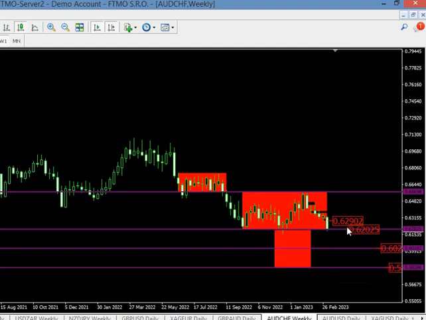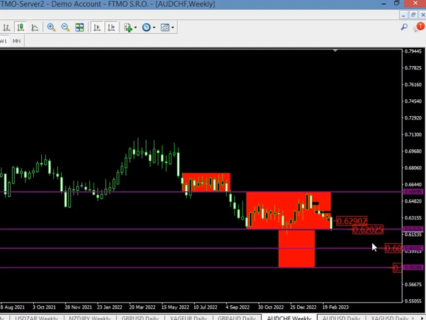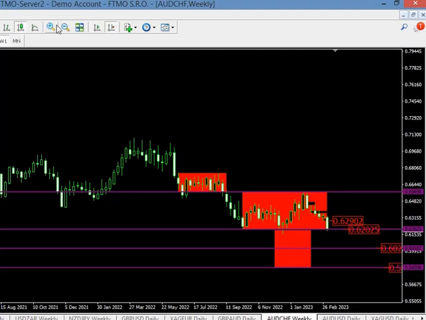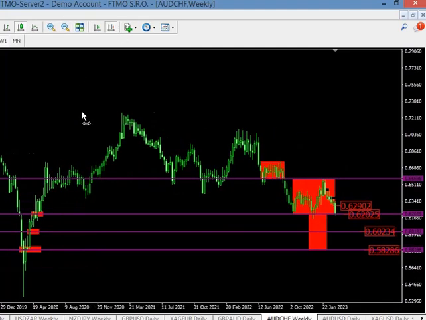Wait for a close, a retest, and then target your take profit. You take profit 1 should be at the 0.60234, and your take profit 2 should be around 0.5828.